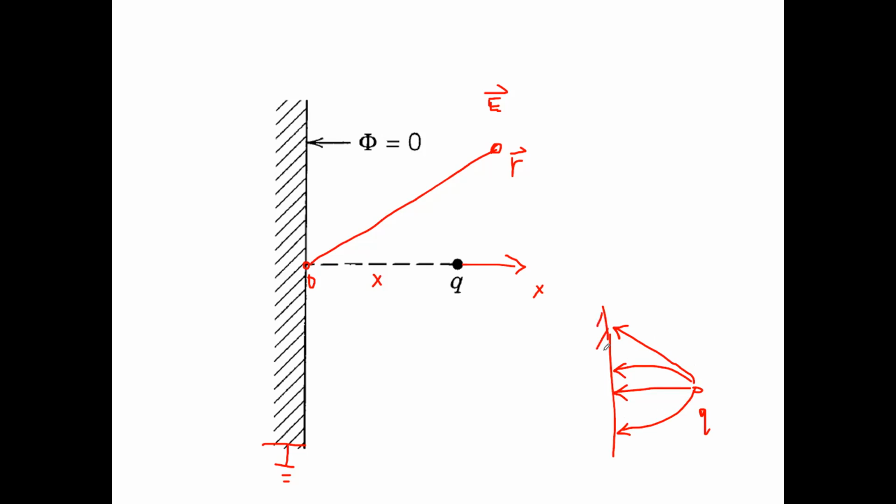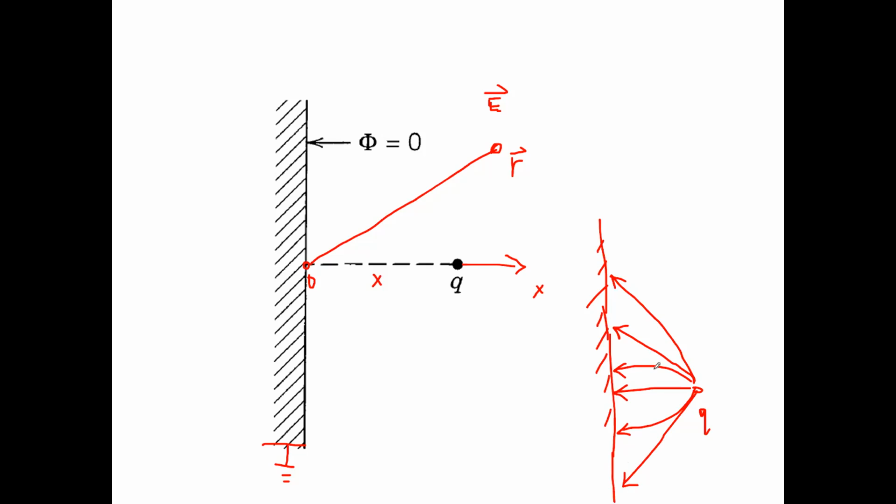Okay, this is a conductor. Let's make it bigger. Big conductor. So first, be careful. Take a look at the field lines. First of all, does the field line look correct?